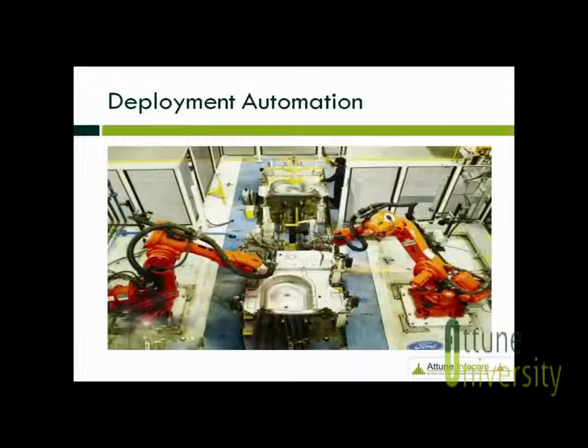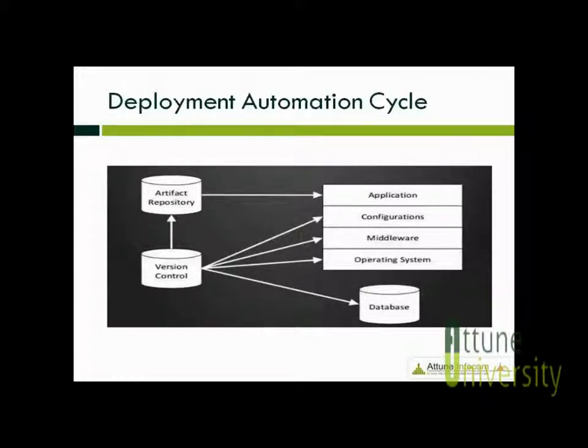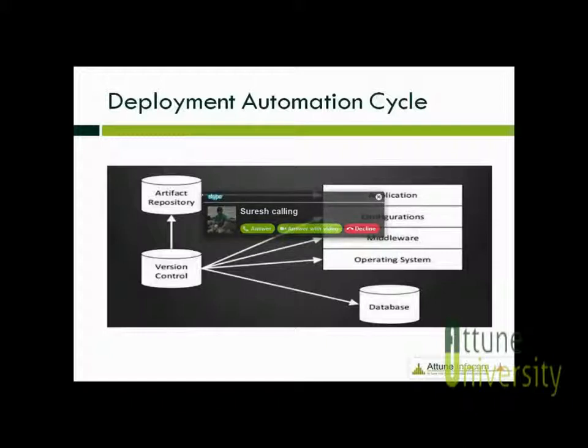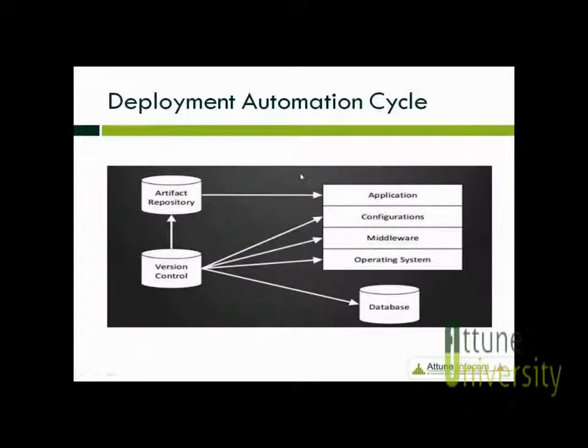So, deployment automation. First of all, start with version control. Everyone developing code and pushing that code in the repository, it should be versioned. It should be managed by Git or SVN, whatever SCM tool you are using, and if you are building an artifact repository to specify the releases, then you can put it there.